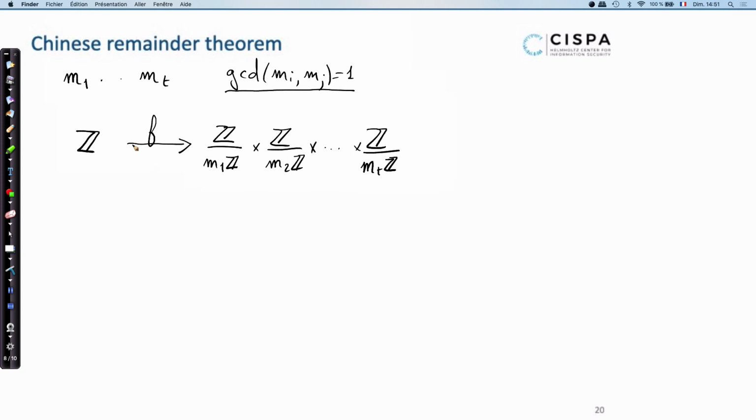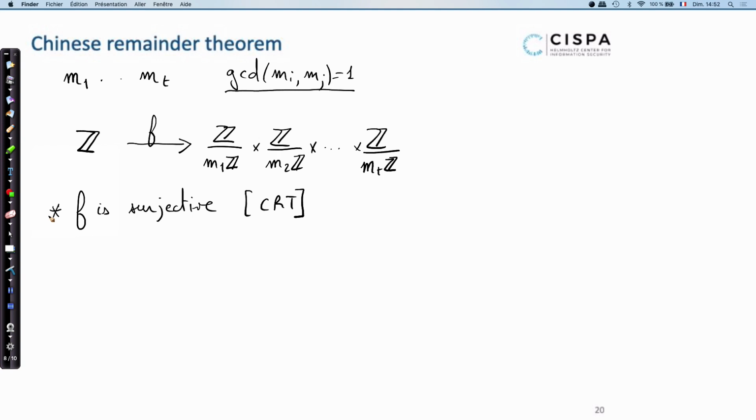So the first thing is that because of the Chinese remainder theorem, this map is going to be surjective. Indeed, if you specify any numbers in the target, you can view them as numbers in Z, and you just want some number which is going to be congruent to the first modulo m1, to the second modulo m2, etc. So the surjectivity of the map is exactly equivalent to the CRT.